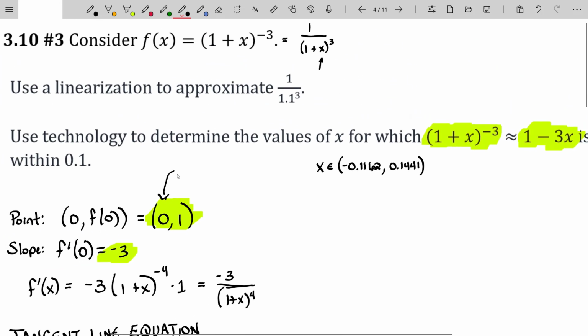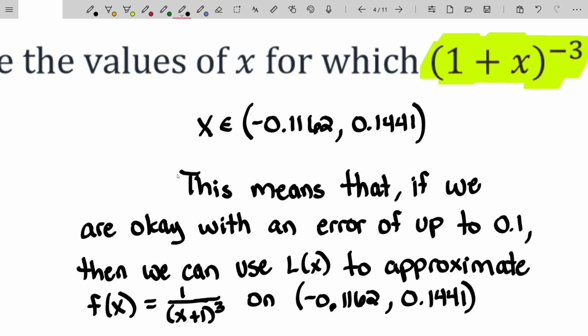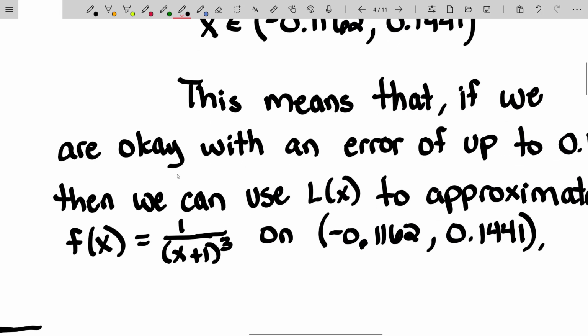It means if we're okay to have an error up to 1/10, then we can use our linear approximation, L of x, to approximate our function value as long as we're only considering x values between negative 0.1162 and 0.1441. So that is kind of a cool thing.